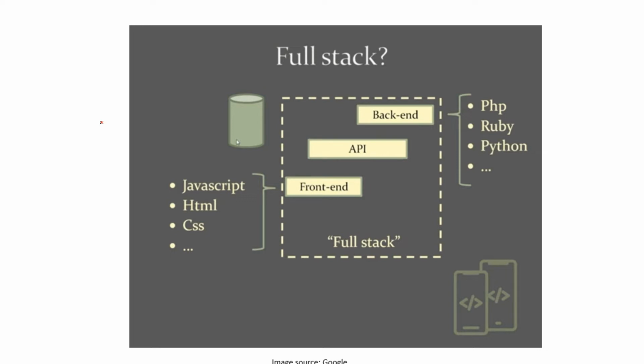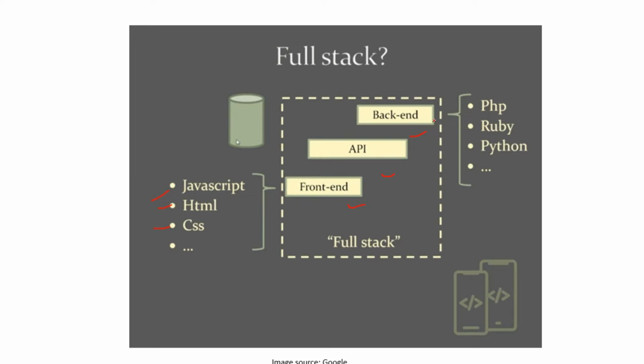While considering a full stack with a front end, API and the back end, the front end can be developed using JavaScript, HTML and CSS, etc. Many platforms are available to develop this front end.